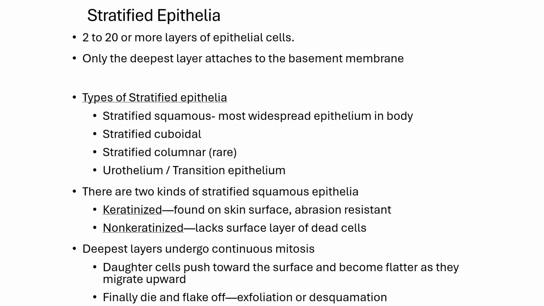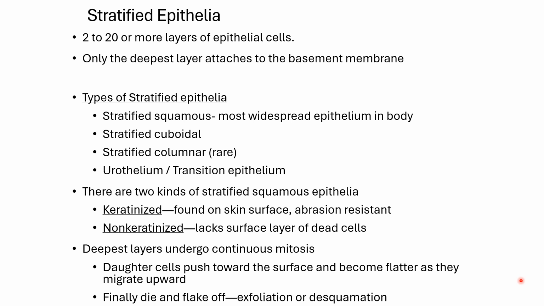So we mentioned the stratified epithelia. Stratified epithelia has got 2 to 20 or more layers of epithelial cells. They have multiple layers, and only the deepest layer attaches to the basement membrane. The stratified epithelia are generally named as per the shapes of their apical cells.